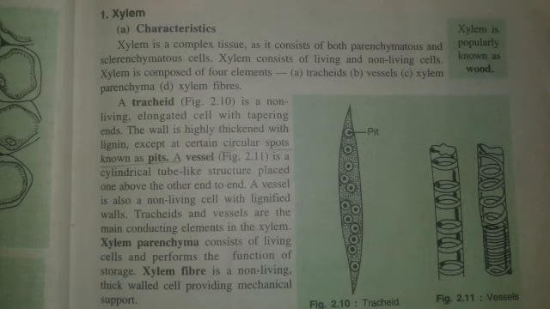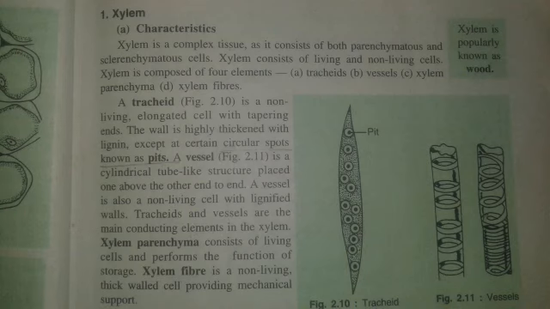A vessel is also made of non-living cells with lignified walls. Tracheids and vessels are the main conducting elements of the xylem. Xylem parenchyma consists of living cells and performs the function of storage. And xylem fibers are also non-living, thick-walled cells providing mechanical support to the plant.